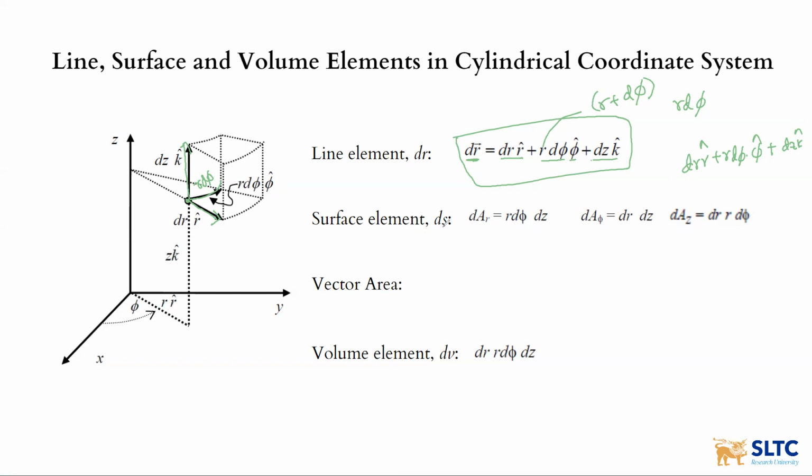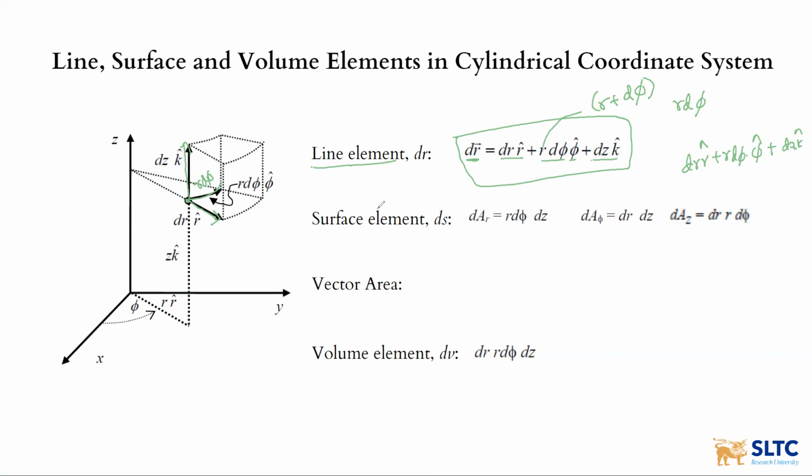The surface area element we can define by taking the product between two perpendicular components in the line element, right? The line element has three components, along r hat, phi hat, and k hat. So the magnitudes of those three components can be taken separately.